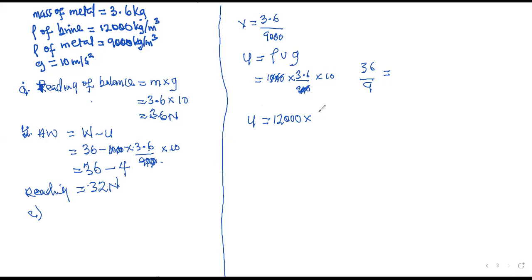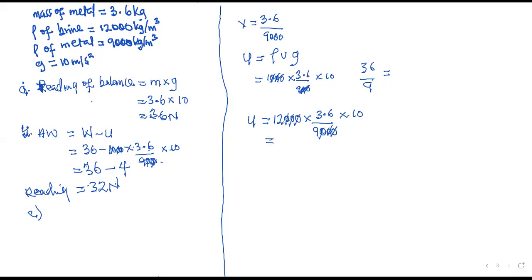So 3.6 divided by the density of the object, times acceleration due to gravity, which is 10. Are you okay, class? Yes, sir.